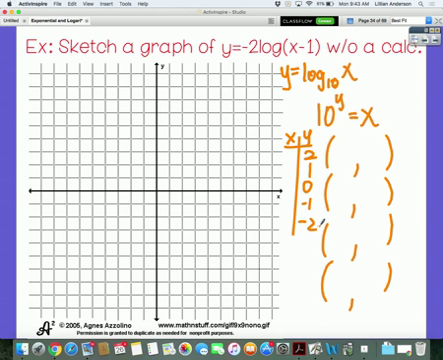So when I plug in 2, 10 squared is 100, okay, definitely not graphing that. So what about 1? 10, that's doable. 0 gives 1, very good, because anything to the 0 power is 1. What about negative 1? It's 1/10, and then negative 2? 1/100, okay?